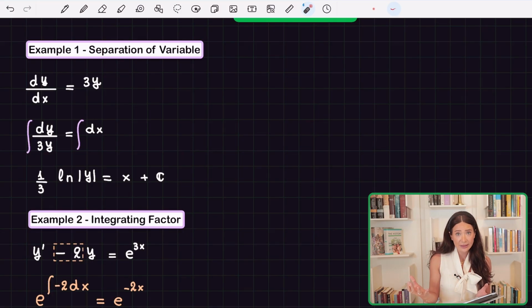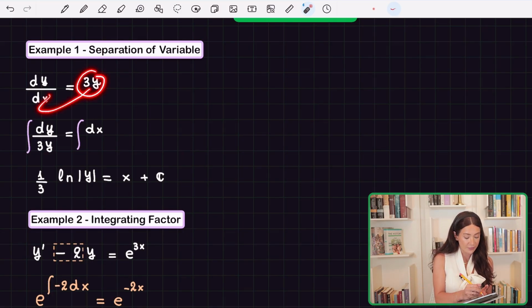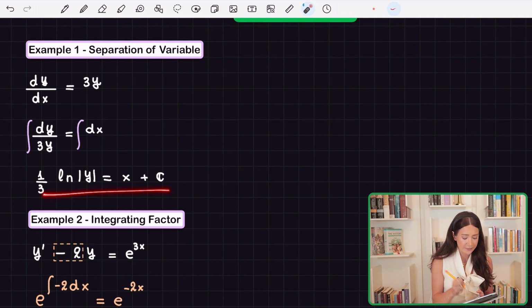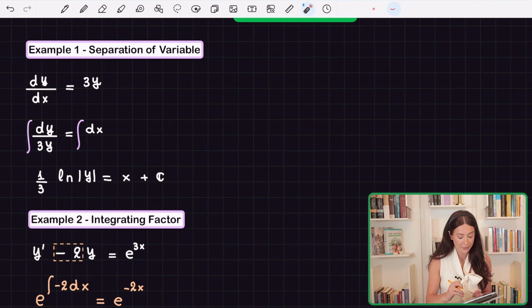If you can mechanically do this, like I did here, I moved this over here and I put integration signs on both sides. After I've done this step, then it's just calculus. And this is y, and you can write out explicitly what y equals to get your final answer. But sometimes leaving it here is better for different reasons.